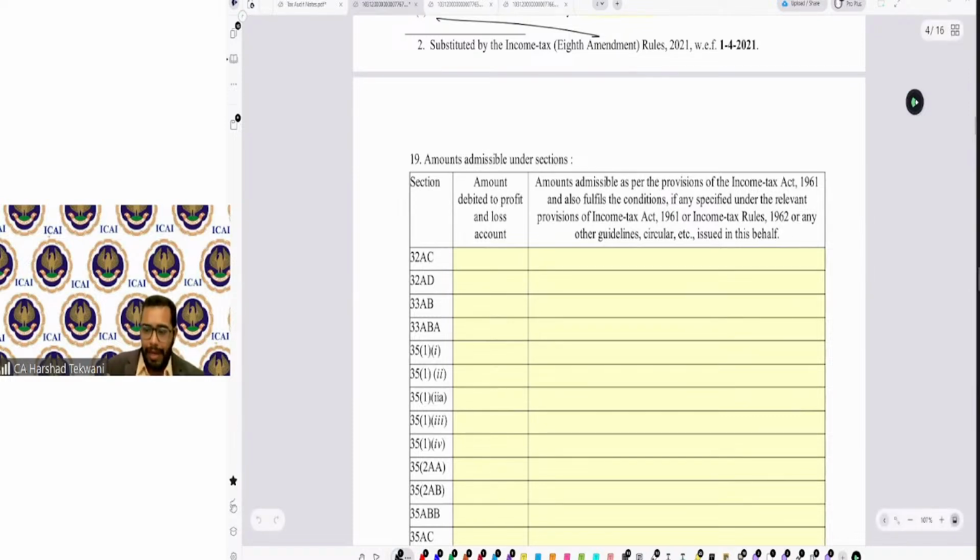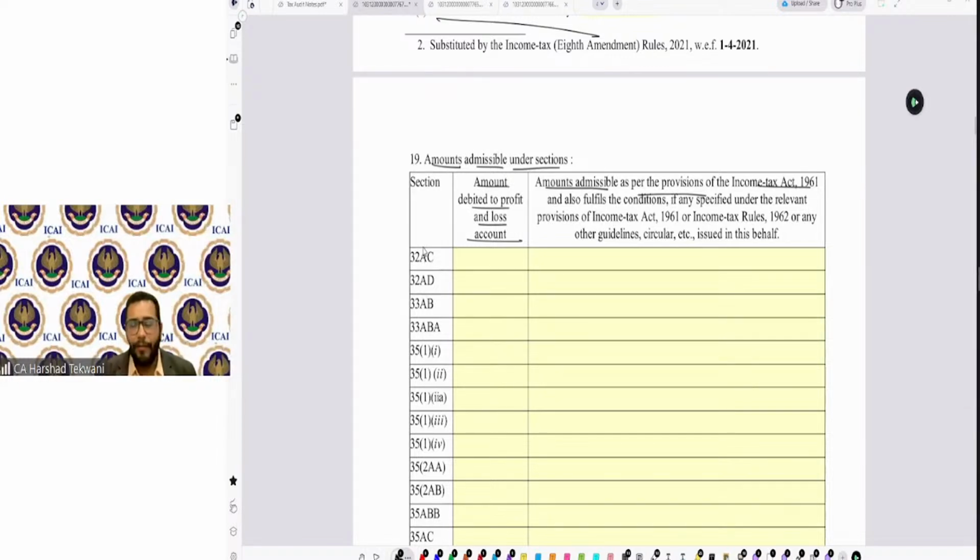If no, then clause 19. Clause 19 talks about amount admissible under these sections. So one, you are required to provide amount debited to the profit and loss account, and then amount admissible as per the provisions of Income Tax Act. Okay. And also fulfills any condition that are there with respect to these deductions. Okay.